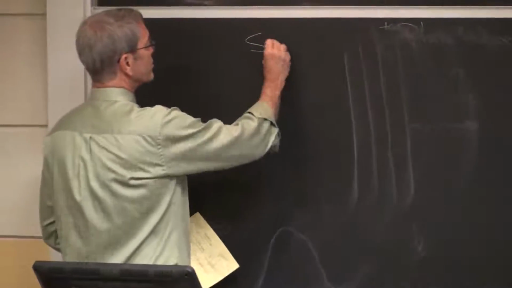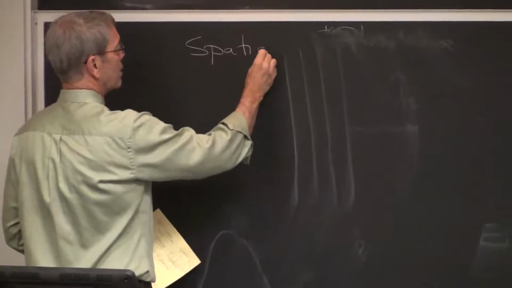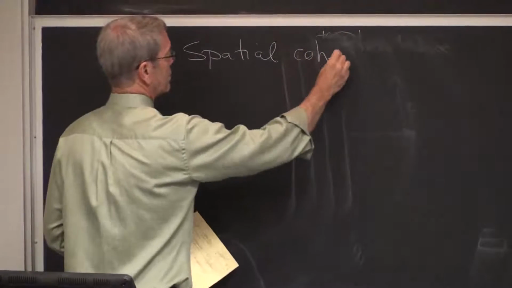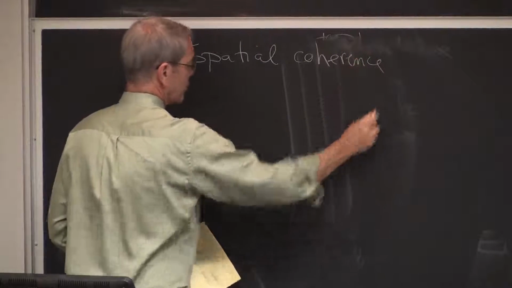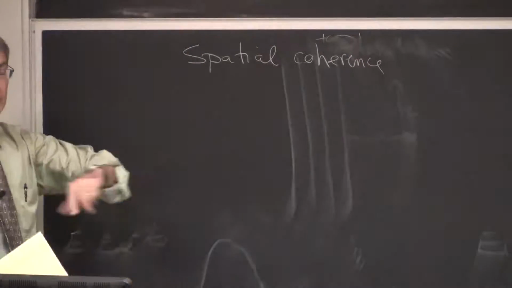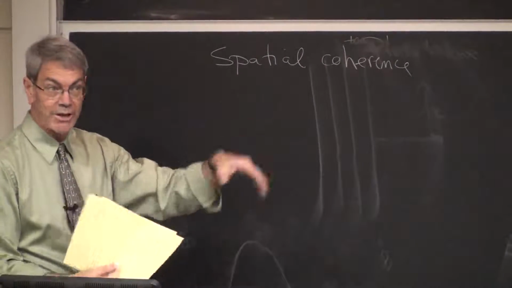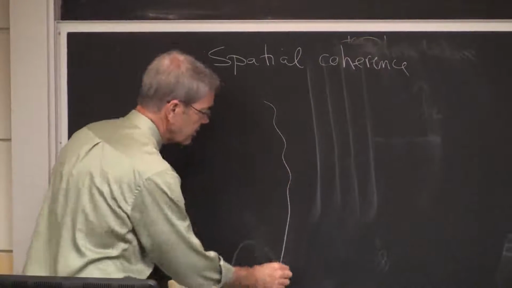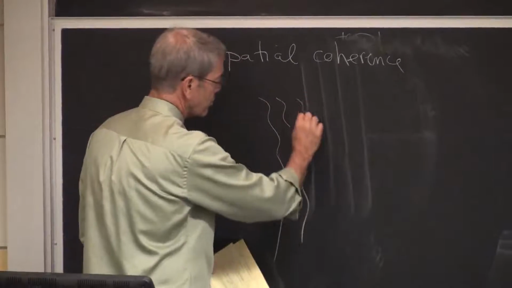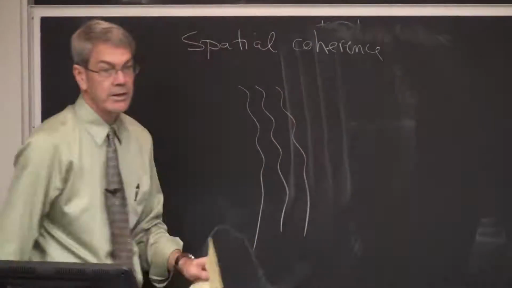One is spatial coherence. So you've got some wave cruising along. Let's look at the wave front, not the rays, the beams, the wave front. So I've got some wave front here, and it's a wave traveling through air or something like that, cruising along.